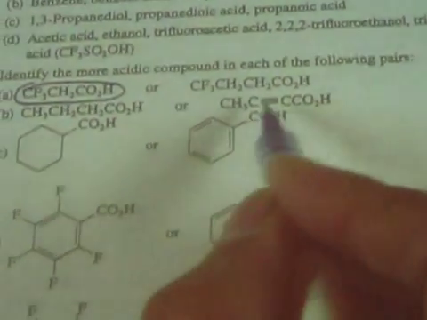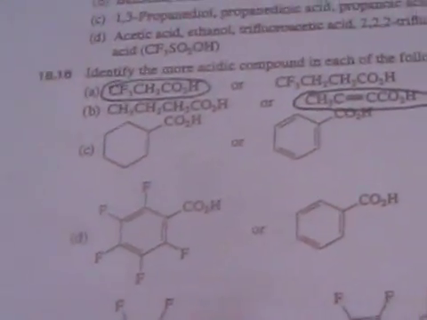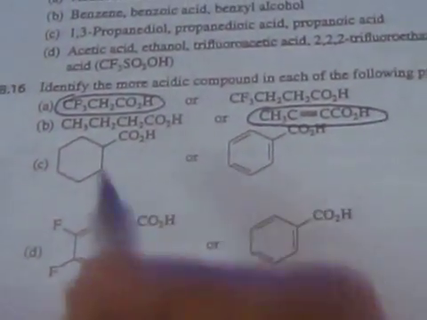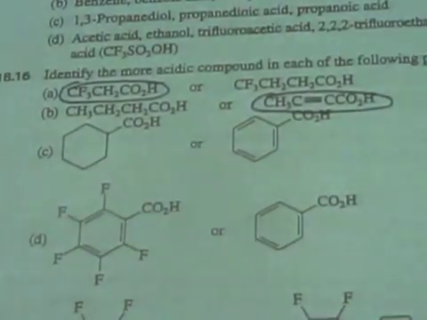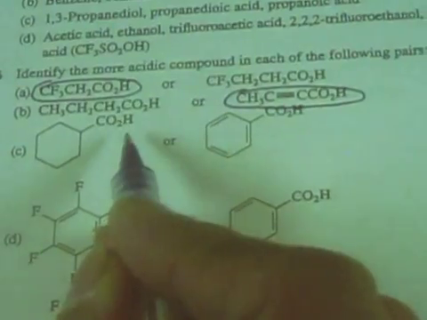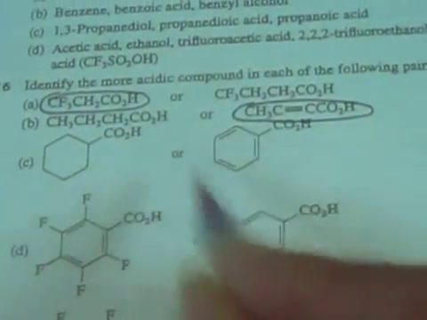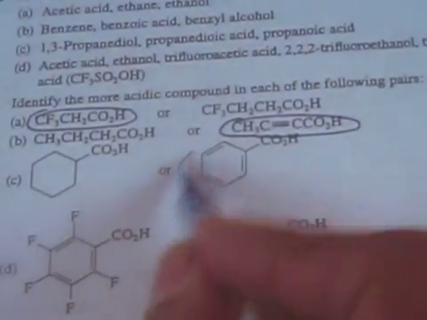Therefore, this will have more influence on stabilizing the carboxylic acid. Now, between benzoic acid and cyclohexane carboxylic acid, the effect would be the electron withdrawing effect of the benzene ring. Therefore, this is a stronger acid.